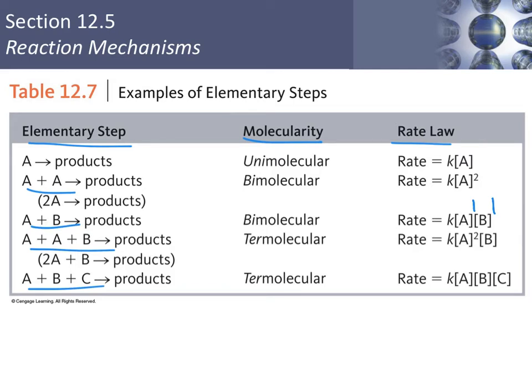And then for termolecular, when we have 2 of A and 1 of B, we've got second order with respect to A, first order with respect to B. That overall reaction order is third order, 2 plus 1. And when you have termolecular with A, B, and C, first order with respect to A, to B, to C, the overall reaction order is third order, 1 plus 1 plus 1.